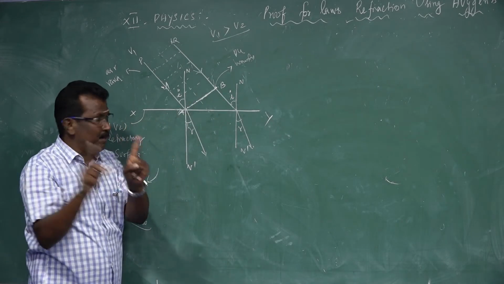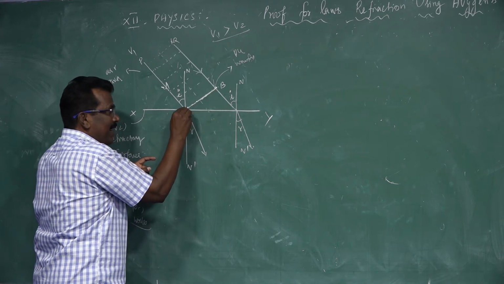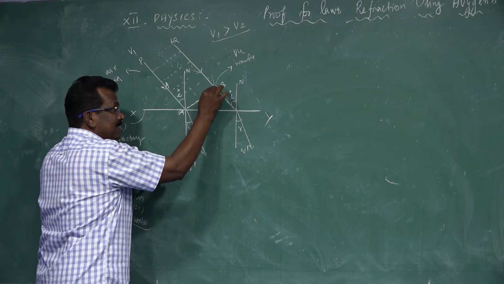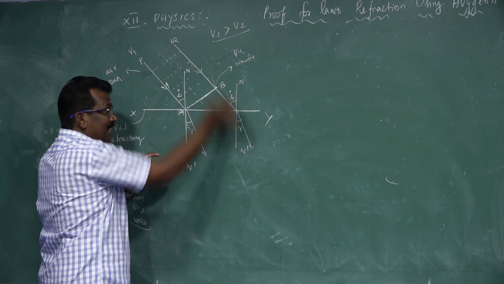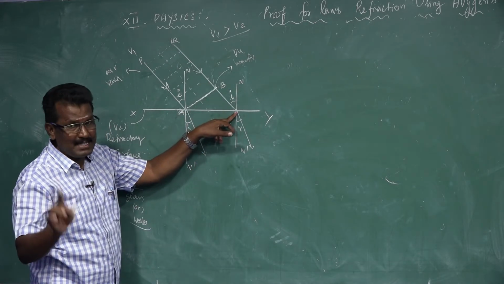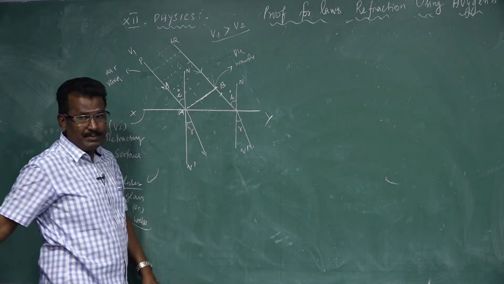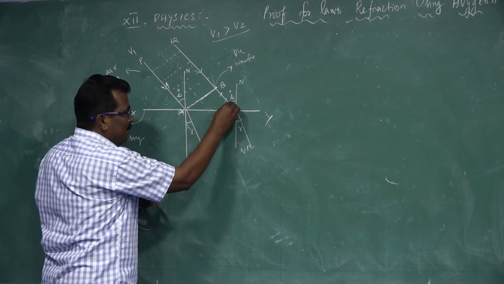Now take two extreme points, A and B. The light is incident at point A and the same wavefront is incident at point B. According to Huygens, the point at B emits secondary wavelets that travel a certain distance. After 1 second, the emitted secondary wavelet meets here. After 2 seconds, it meets here. After 3 seconds, it meets here.